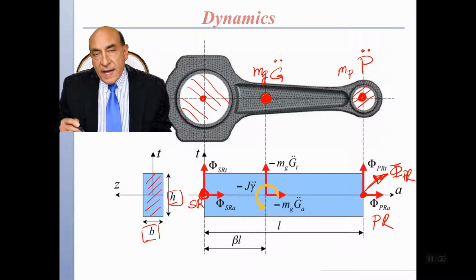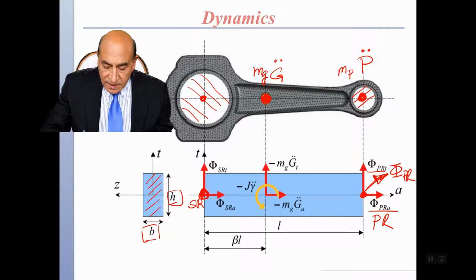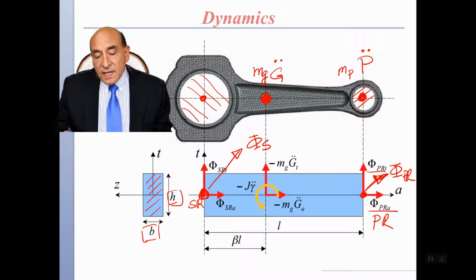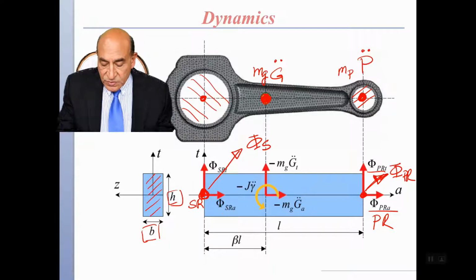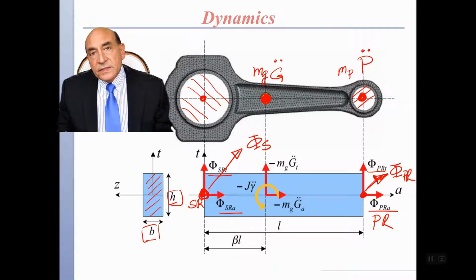And capital phi has two components. One is axial, and one is transverse to the rod. And similarly, there will be a resultant force here, phi, that comes from the shaft, and phi has two components, one axial and one horizontal.